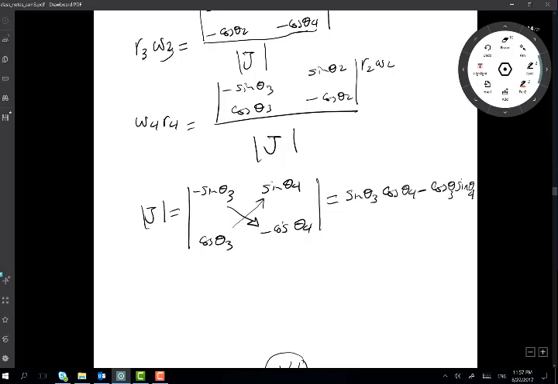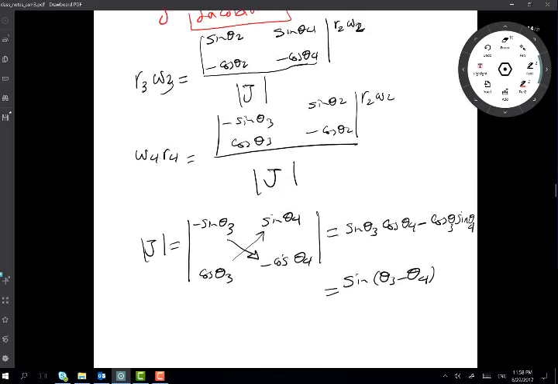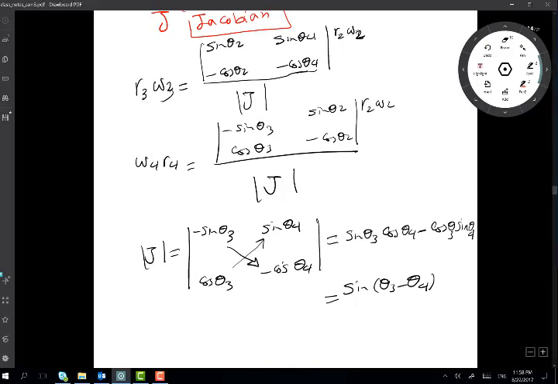So this gives me sine cosine minus cosine sine, which is sine of the difference, sine of theta 3 minus theta 4. So this is the determinant of the Jacobian, the sine of the difference between the two angles. Okay, so let's calculate the other velocities here.